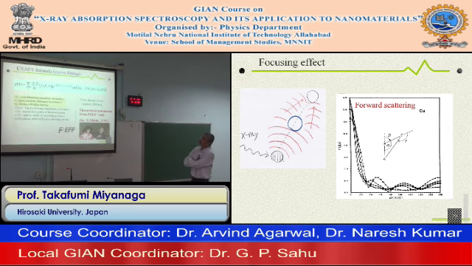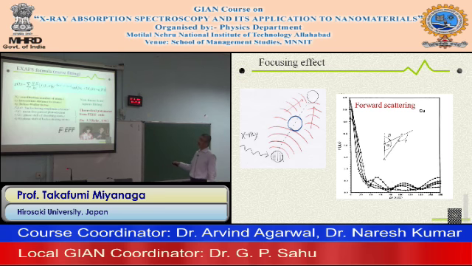Usually, we analyze the EXAFS using these formulas, with single scattering and several approximations. The unknown parameters are the interatomic distance, the number of surrounding atoms or coordination numbers, and Debye-Waller factors.